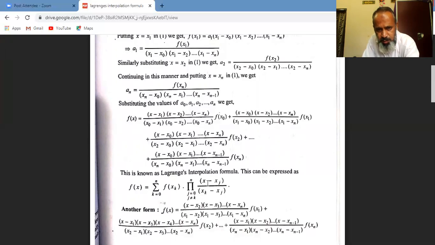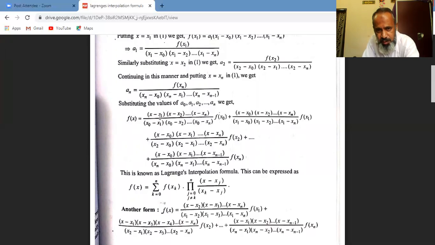So substitute here, when j is equal to 0, x minus x0. So this is the first, j is equal to 0 to n. So x minus x naught, when j is not equal to k, means in the first term we should not take x minus x naught.